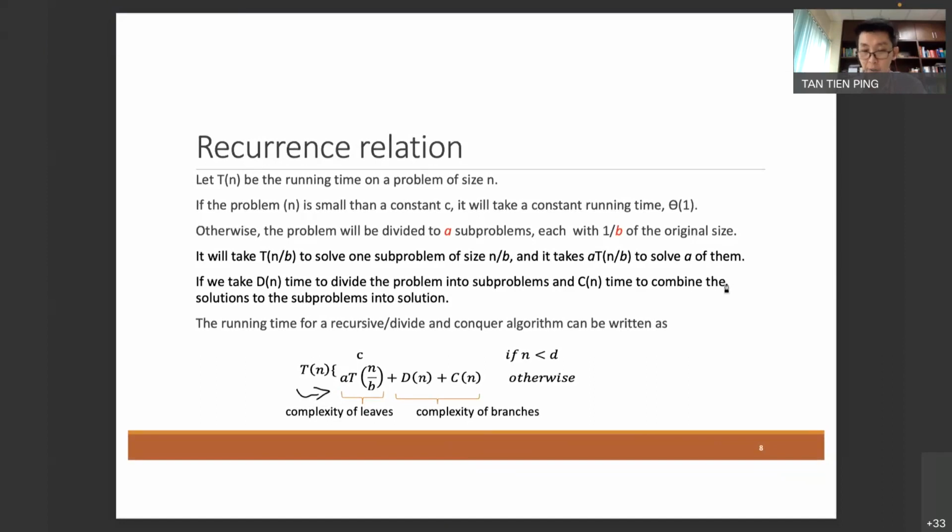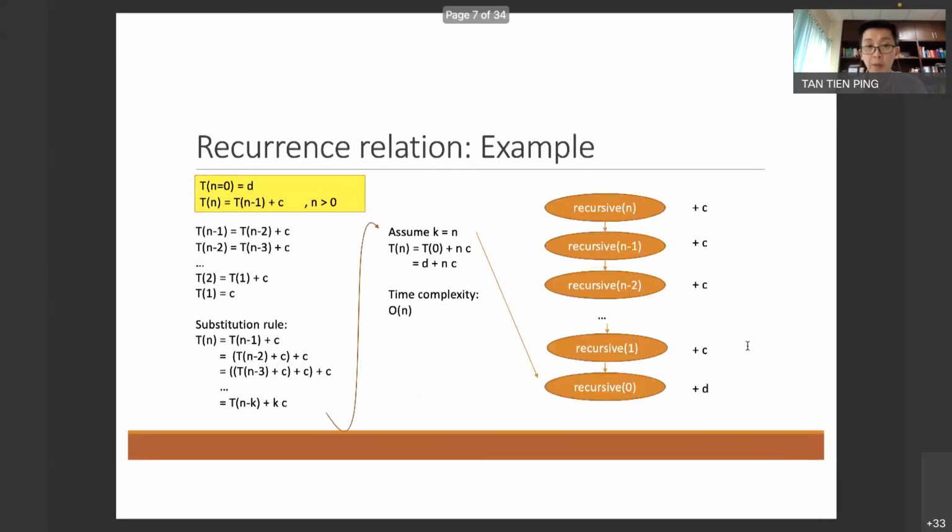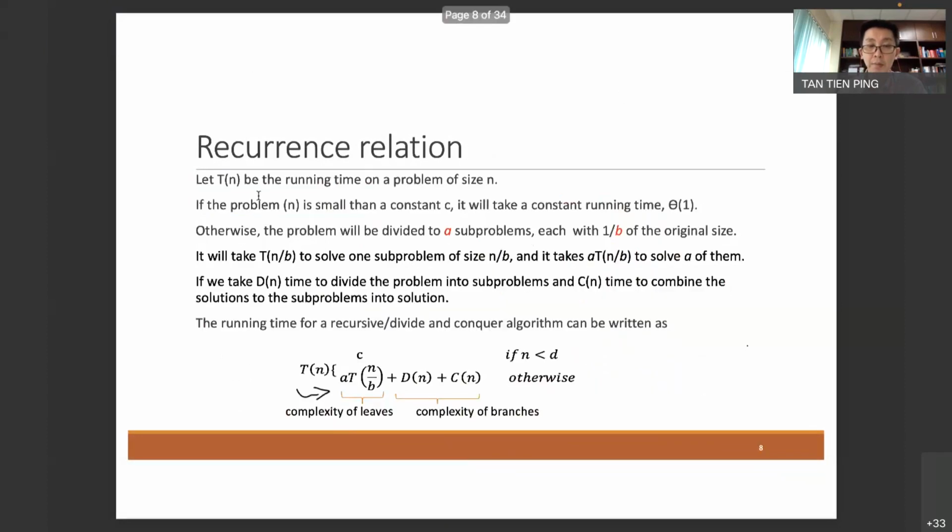From what you have seen last week, every time it calls the recursive function, n is reduced by 1. But you will see many examples where n is divided by some b. For example, if b is 2, then the input is reduced to half in the subsequent recursive function.